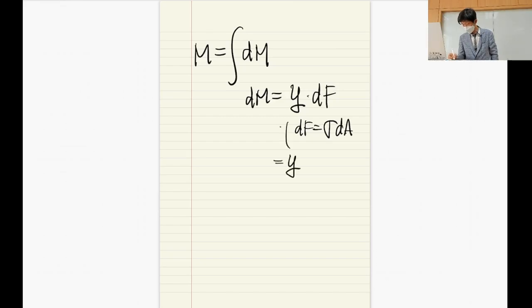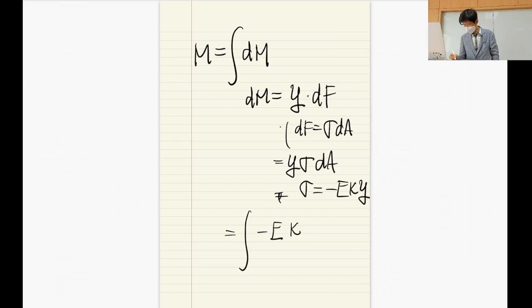So y and sigma dA. And here the stress sigma is elastic modulus times curvature times y. So let's plug in here, then minus elastic modulus, curvature, y squared dA.